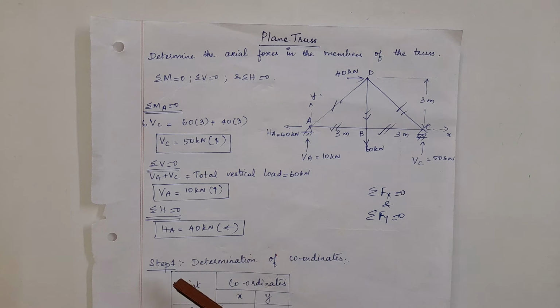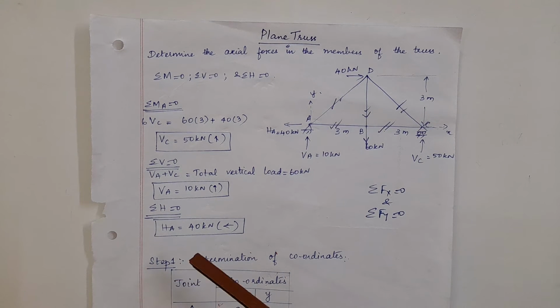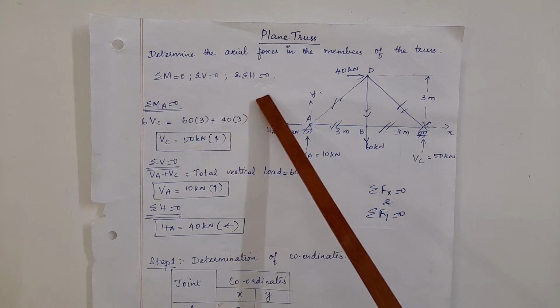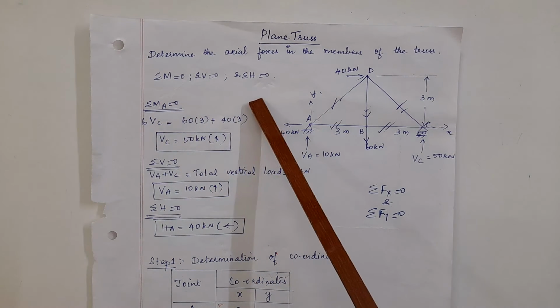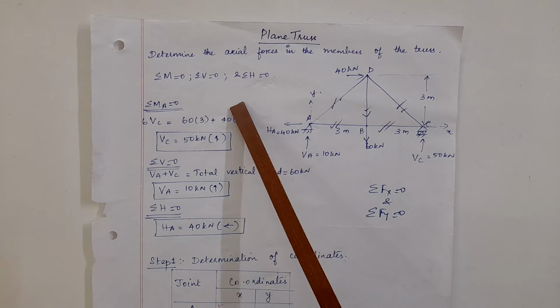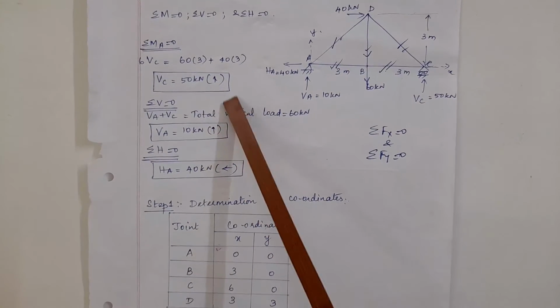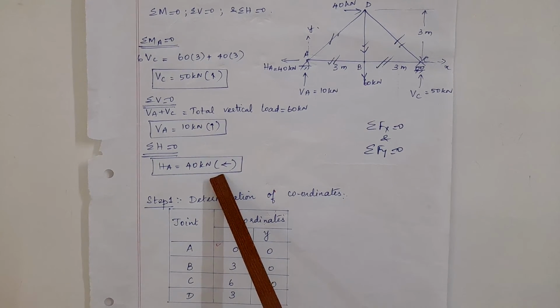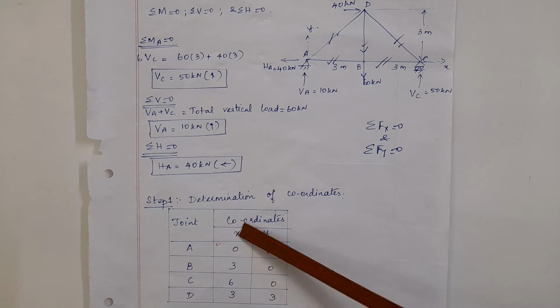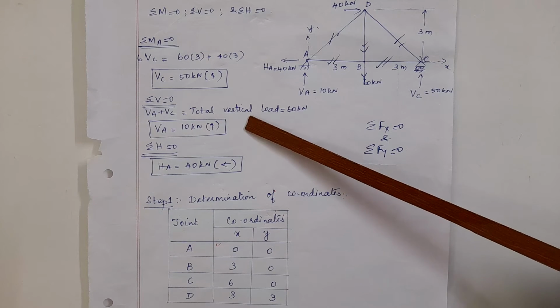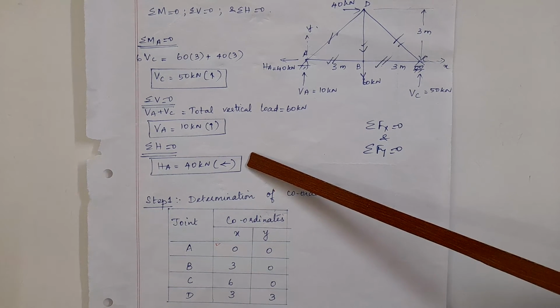Previously I told you, to find the unknowns at the support, we make use of sigma M equal to 0, sigma V equal to 0 and sigma H equal to 0. So see how we have made use of these equilibrium equations. You should be able to understand how Vc and Va can be determined as well as Ha, with the help of equilibrium equations.